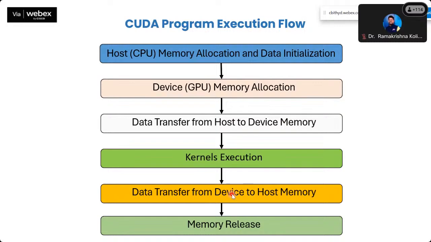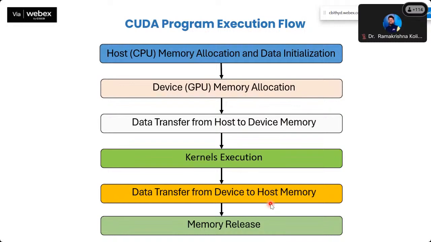The results will not be available in the CPU's memory here. So first of all, we have to transfer the data from the device memory to the host memory. Once the data is available on the host memory, we can use the print command and see the output and other things we want to verify.